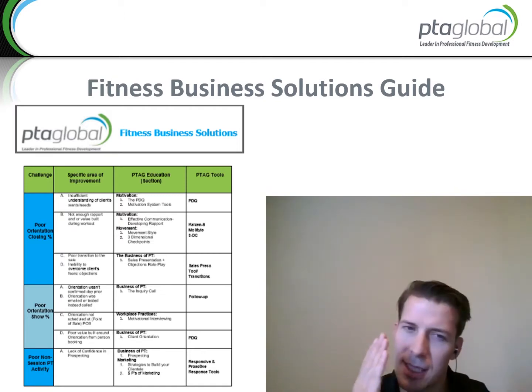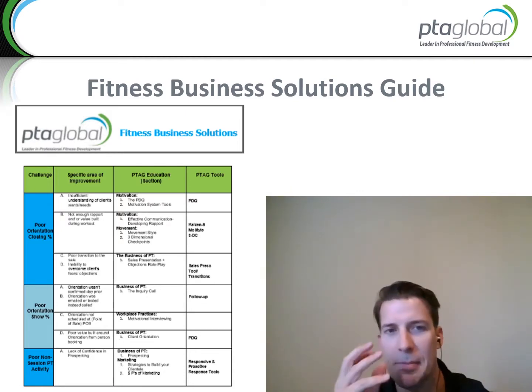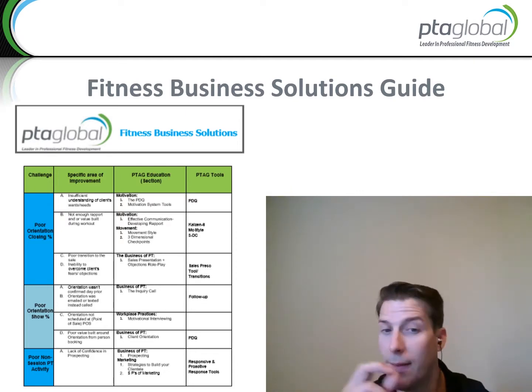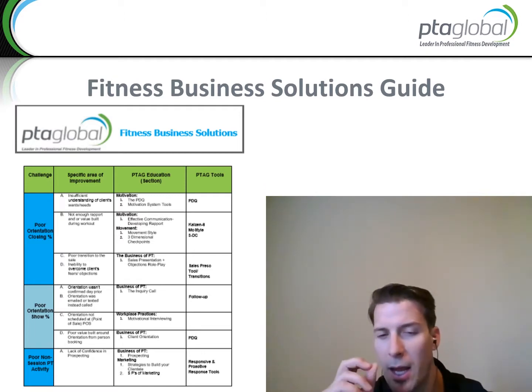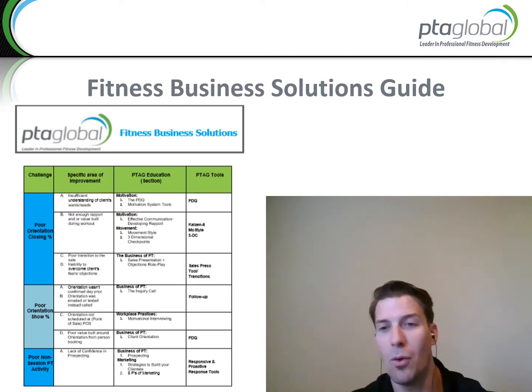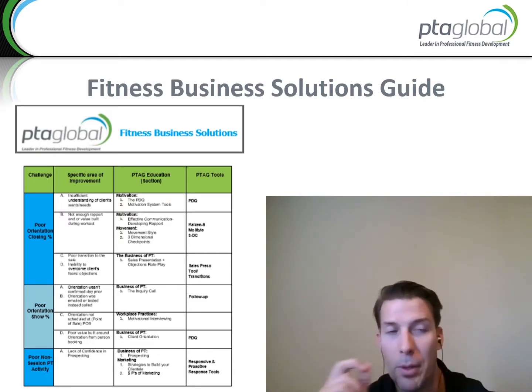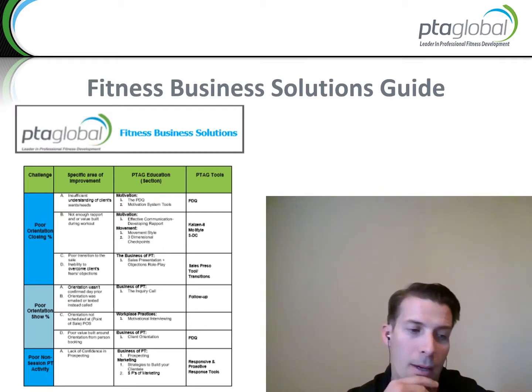Remember, success and failure always leave clues. So we want to find the specific area of improvement, the education that might highlight some areas of opportunity there, and then the specific tools that we may want to use. In this case, our proactive prospecting tool is going to be great because it's going to allow us to get on the floor, meet people, build value, and book a lot of orientations, which will help to fill up a lot of that extra time that may be in our hands.